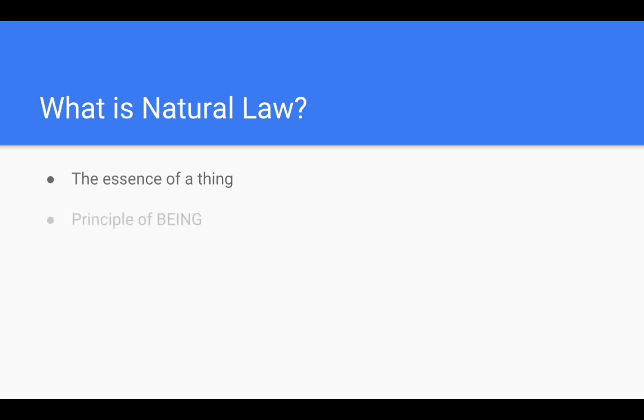The nature or the essence of a thing is a principle, and it is a principle of two things. First, it is a principle of being. In the created order, things are made out of matter, and we might have something that is made out of a combination of wood and metal and plastic.